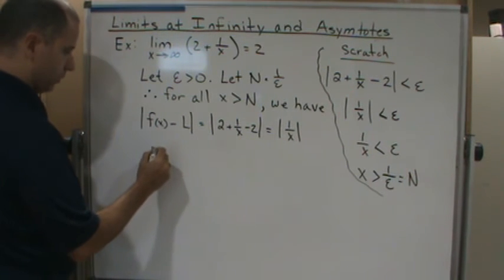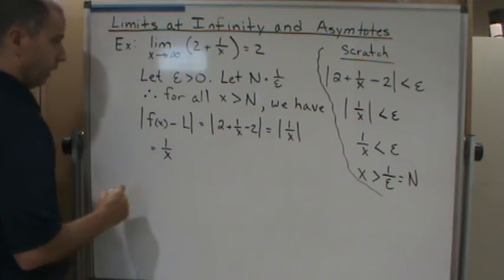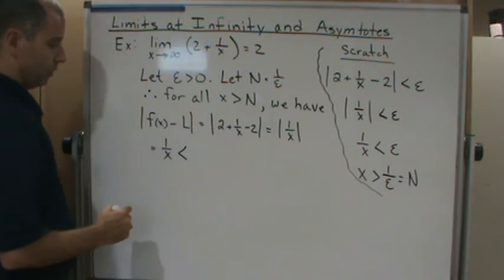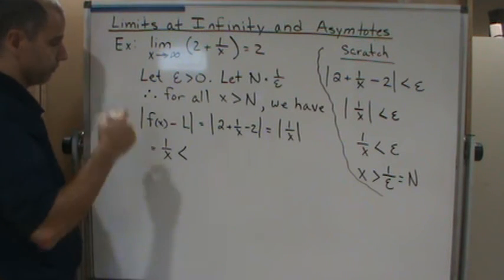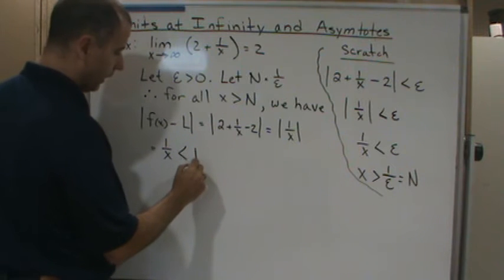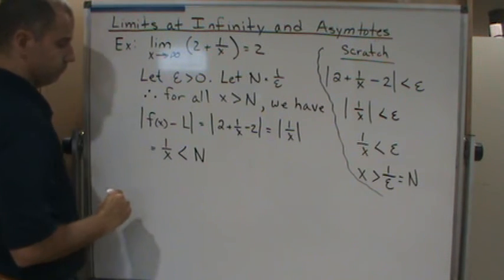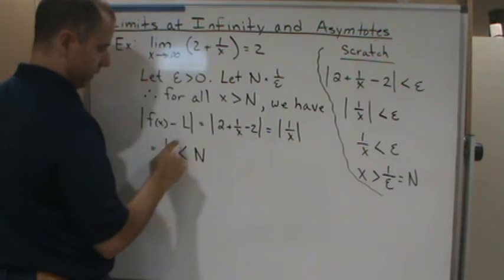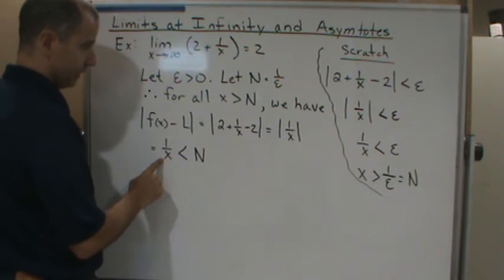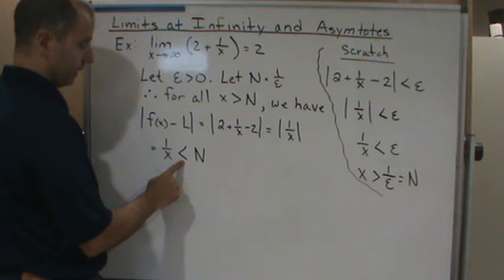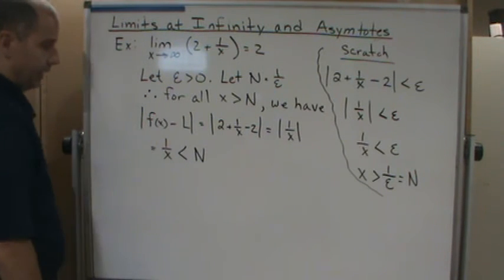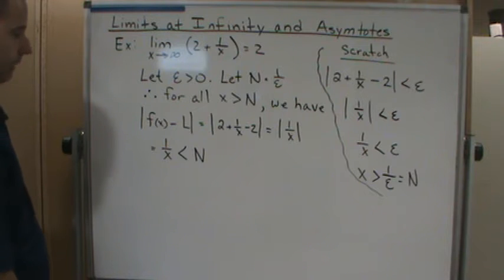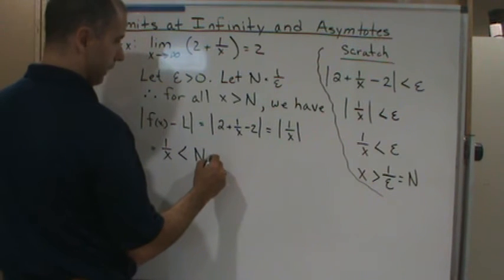So this is equal to 1 over x. And 1 over x is less than what? N. Why? If x is greater than n, then 1 over x is less than n, which is equal to what?